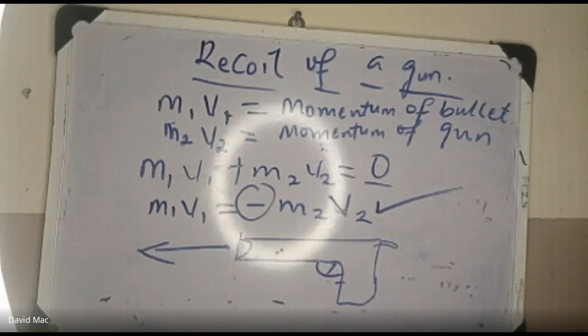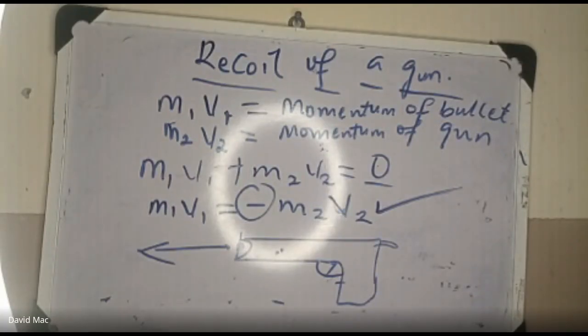A gun weighing 4 kg fires a bullet of 40 grams with a velocity of 500 meters per second.